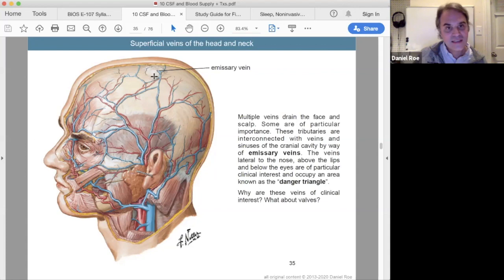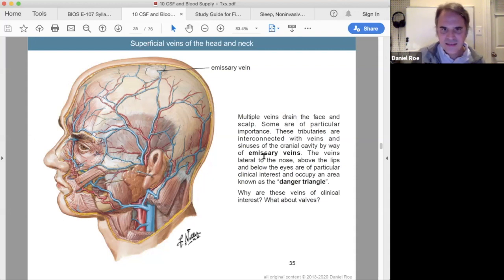They're inconsistent, but these parietal emissary veins will sometimes be on just one side or the other side, sometimes both sides. Sometimes they're really small, sometimes they're huge. There's all kinds of variability. Here's another emissary vein over here. They're pretty common. There are a couple of places where you have these emissary veins.